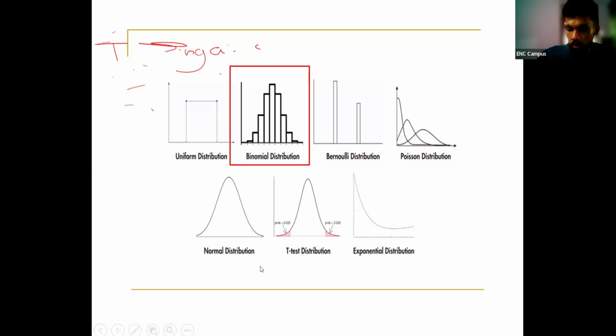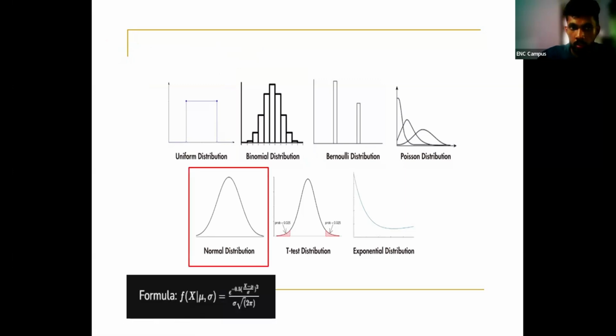Then we will discuss the normal distribution, or we call this the Gaussian distribution. As an example, imagine you are measuring the height of 1,000 students. Most of the students will be around 160 to 170. There will be some students who are very short and some who are very tall, and extremely short and extremely tall students in very rare cases.